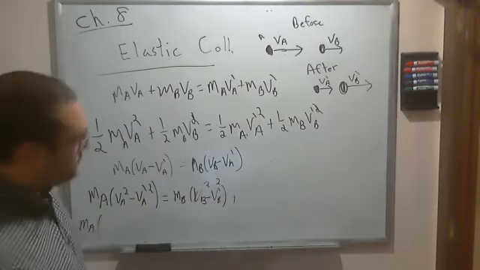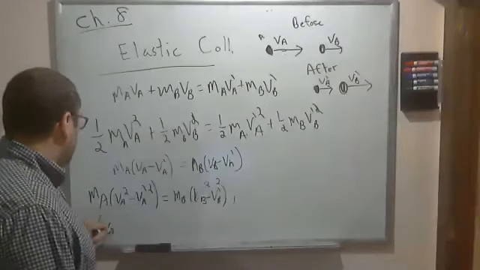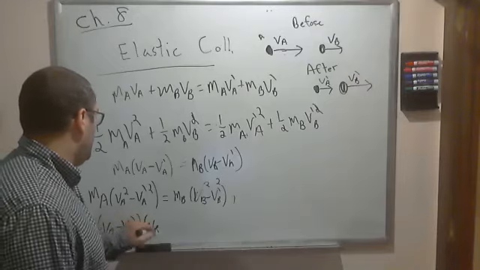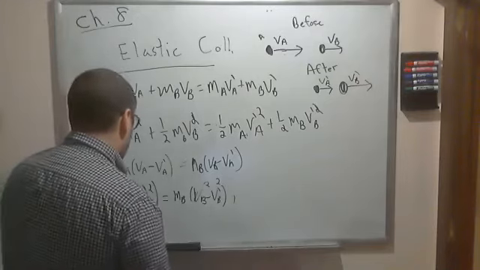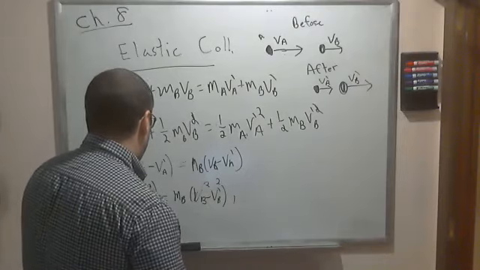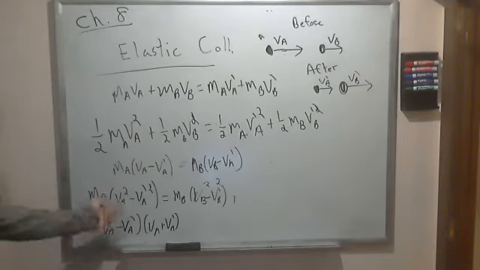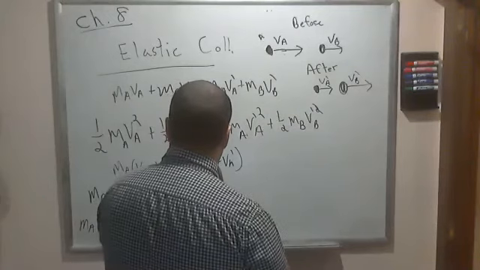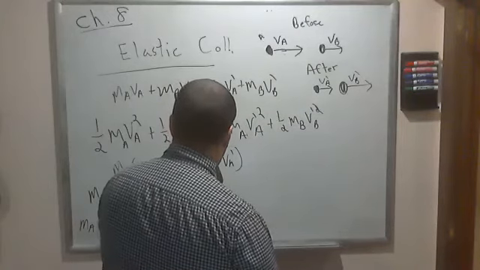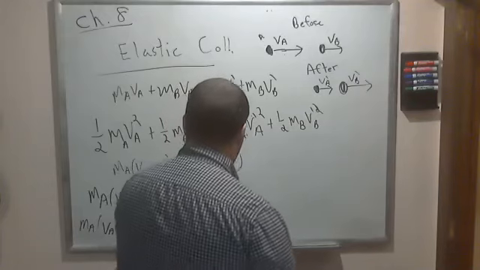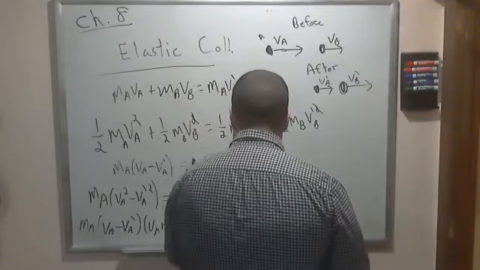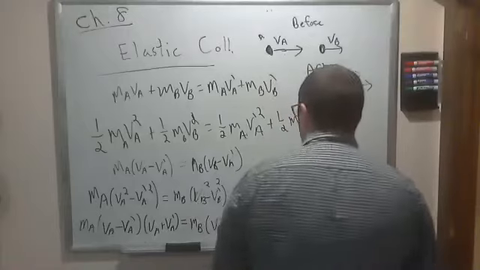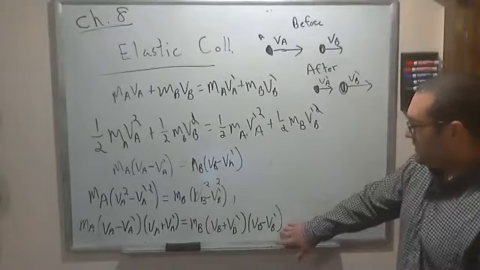When we factor it, we discover that it's really this multiplied by this. We're just factoring it. But it turns out to be this, and this is equal to this. Okay? We have this over here.